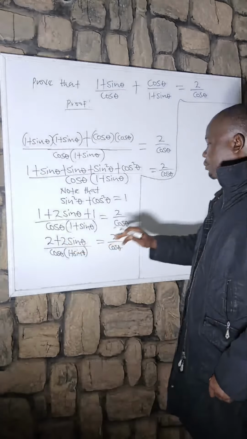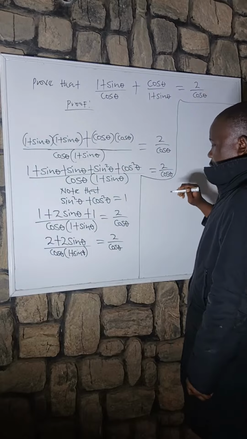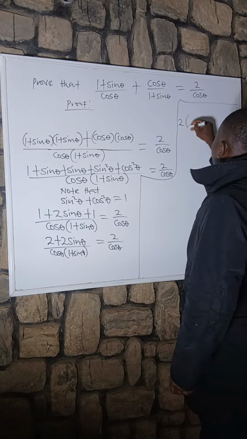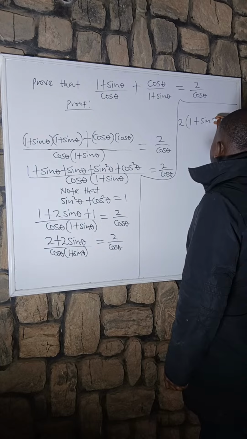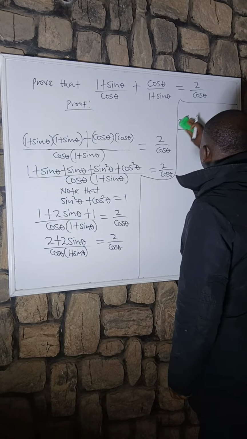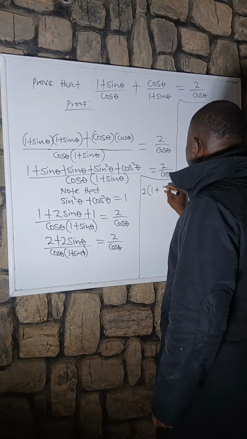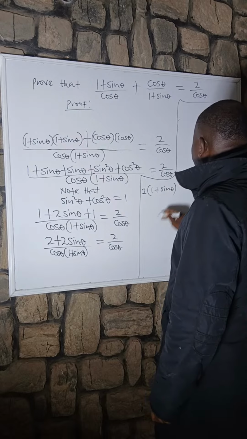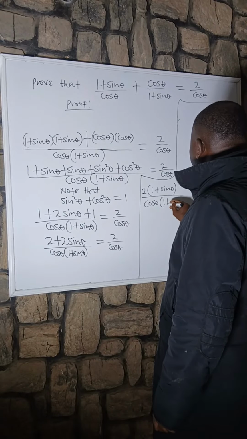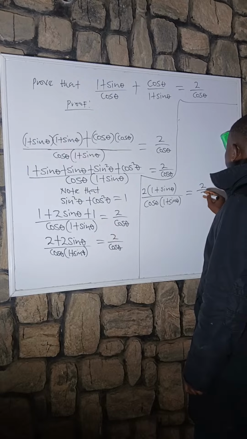Why? Because here 2 is common, so we can factor 2 out to give us 2 open bracket 1 plus sin theta close bracket all over cos theta, open bracket 1 plus sin theta, equals 2 all over cos theta.